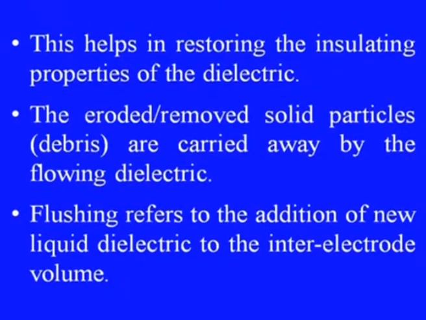As the flow of current is momentarily stopped, some fresh dielectric liquid particles come in position between the inter-electrode gap and the cycle repeats. This helps in restoring the insulating properties of the dielectric. The eroded or removed solid particles, which are also called debris, are carried away by the flowing dielectric, as I have already indicated. The flushing refers to the addition of new liquid dielectric to the inter-electrode volume.